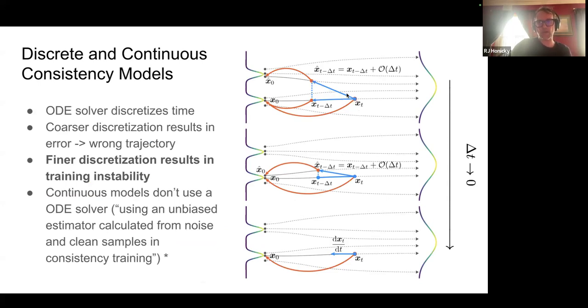And if there's a big quantization here, or only a few time steps, then the ODE solver has only a limited amount of data to work with, and it ends up making mistakes due to that discretization. And so it ends up having big errors and you get on the wrong trajectory. That makes sense. That makes sense.